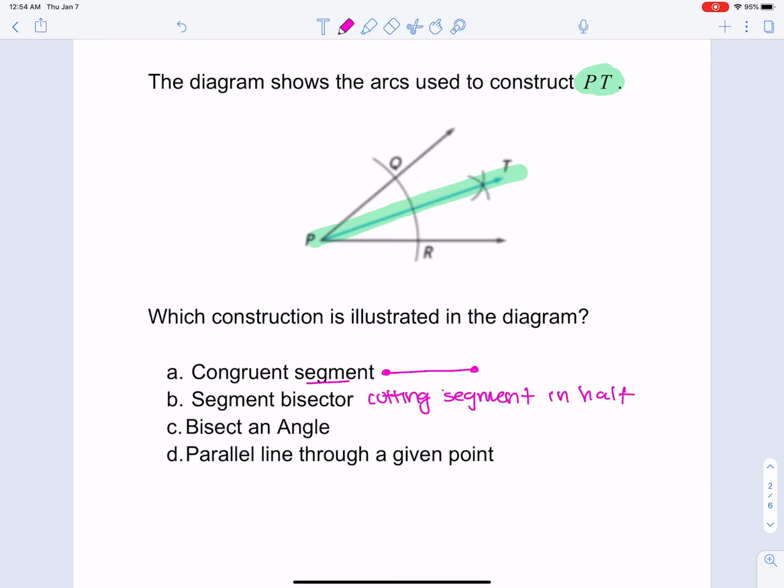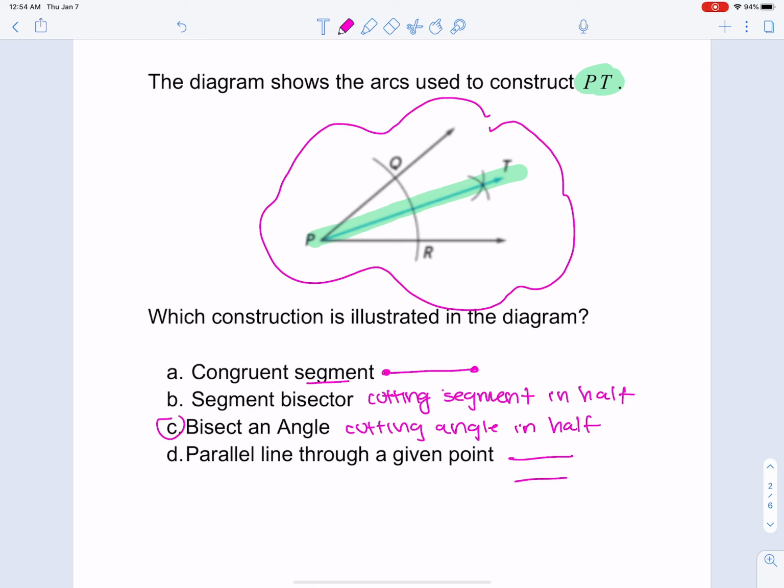Then we have bisector of an angle, cutting an angle in half. Then we have parallel line through a given point. Remember, parallel lines have to look like this. Given everything I just told you about these words, which answer do you think would be the best answer for this construction right here?